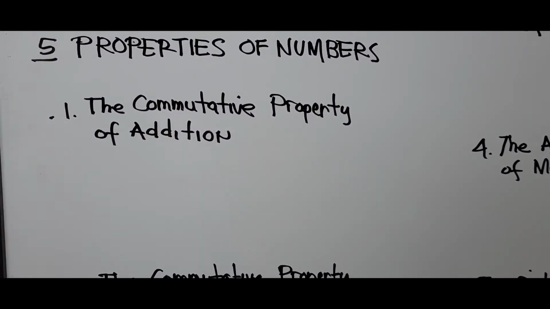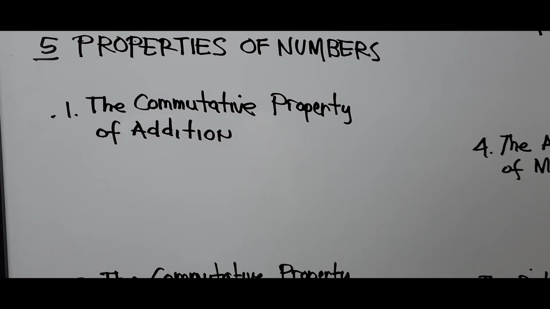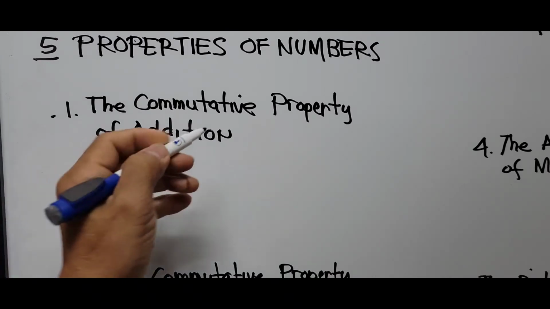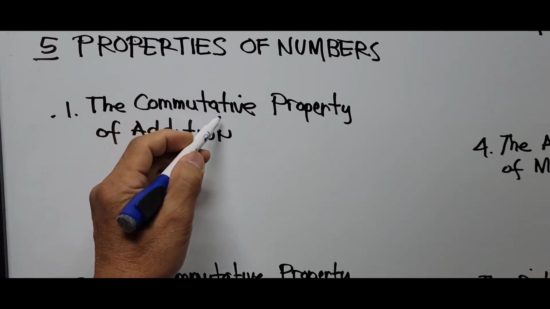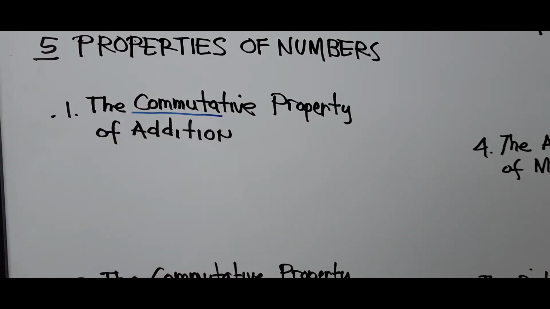Property number one. It says here the commutative property of addition. That means the placement of numbers in a numerical expression. Say, the arrangement. We're talking about here the word commutative, from the root word commute. What do you do if you commute?